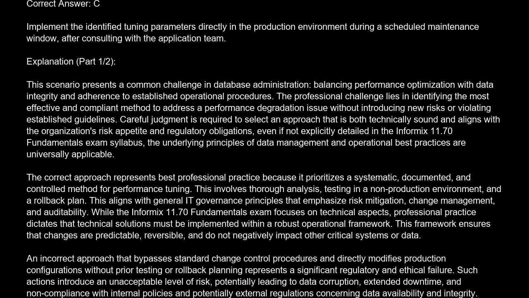Professional practice dictates that technical solutions must be implemented within a robust operational framework. This framework ensures that changes are predictable, reversible, and do not negatively impact other critical systems or data. An incorrect approach that bypasses standard change control procedures and directly modifies production configurations without prior testing or rollback planning represents a significant regulatory and ethical failure.